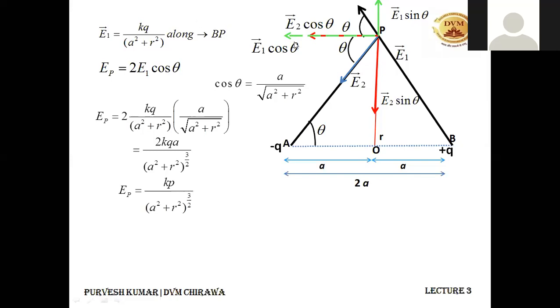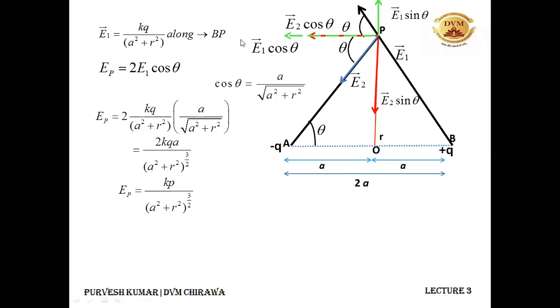And since the cos components are in the same direction, we add them up. That's why the net electric field at point P becomes E1 cos theta plus E2 cos theta. Since E1 is equal to E2 in magnitude, I have replaced E2 by E1, so I have written it as 2 E1 cos theta. I do hope it is okay.